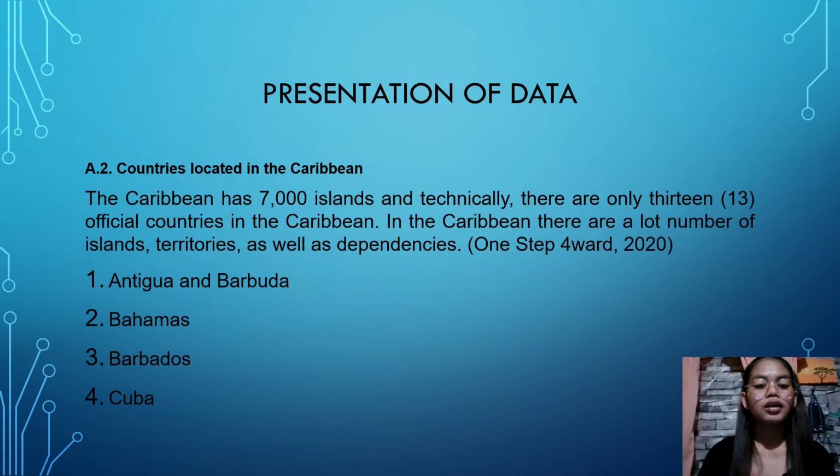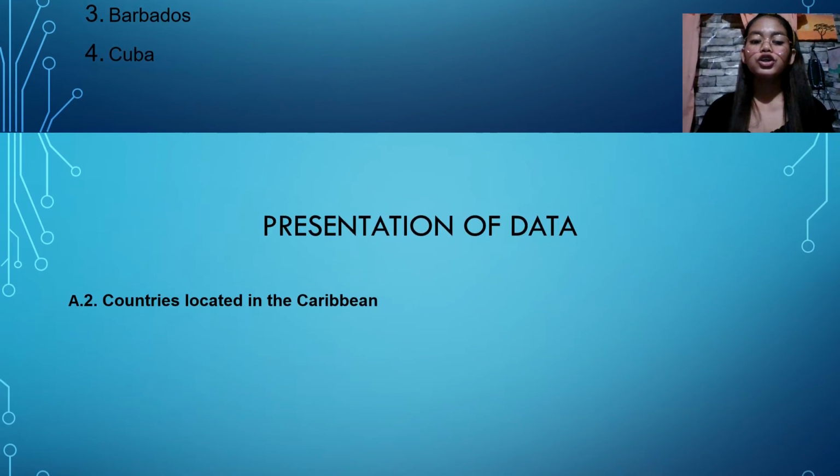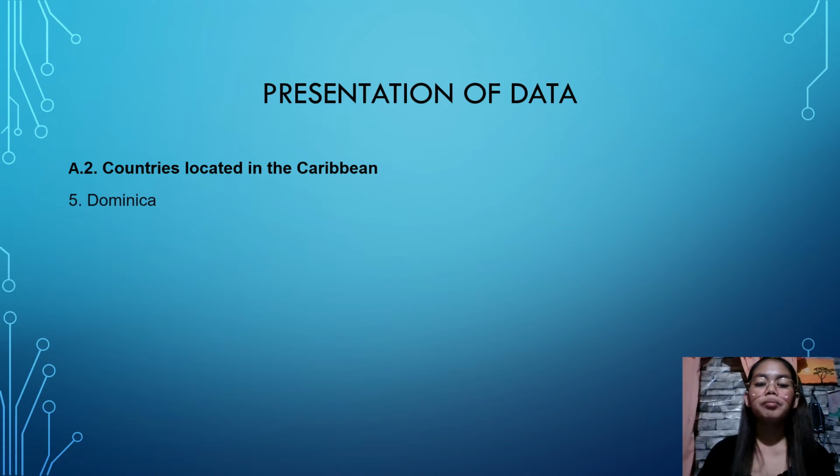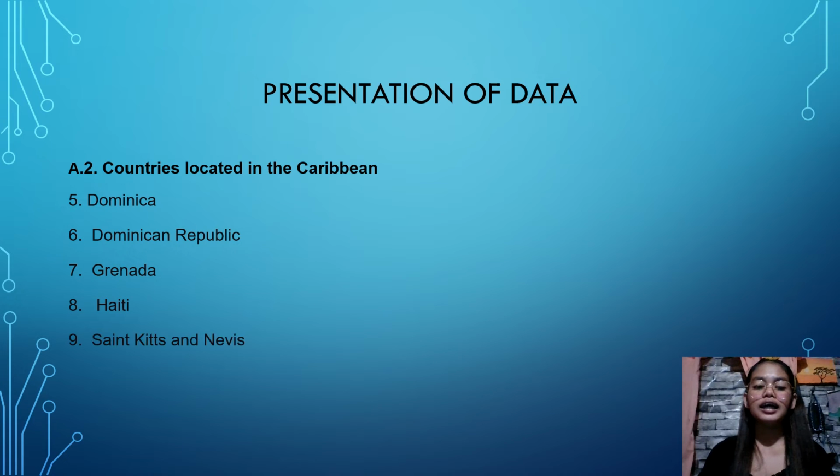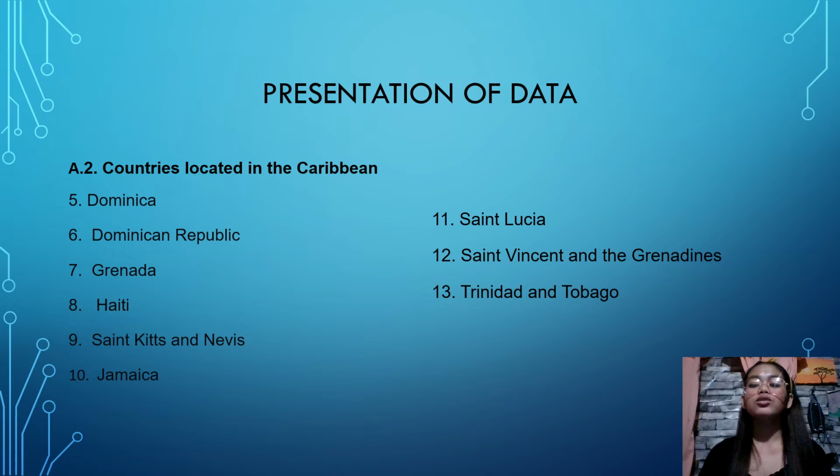And these 13 official countries in the Caribbean are Antigua and Barbuda, Bahamas, Barbados, Cuba, Dominica, Dominican Republic, Grenada, Haiti, St. Kitts and Nevis, Jamaica, St. Lucia, St. Vincent and the Grenadines, and Trinidad and Tobago.